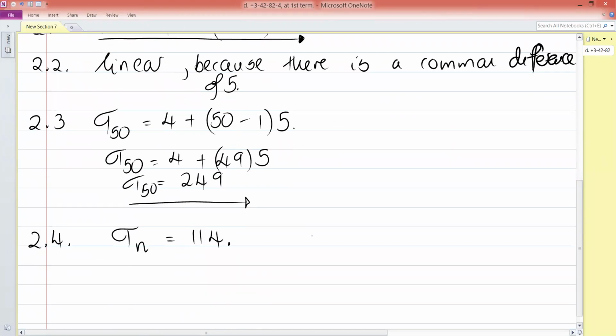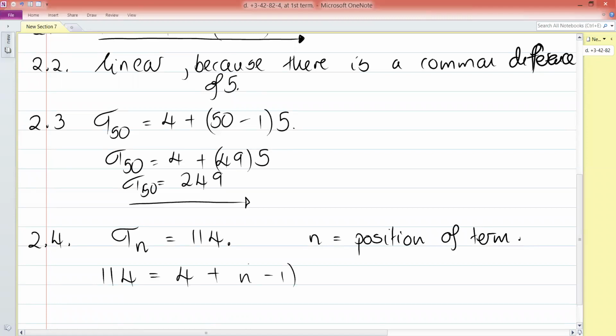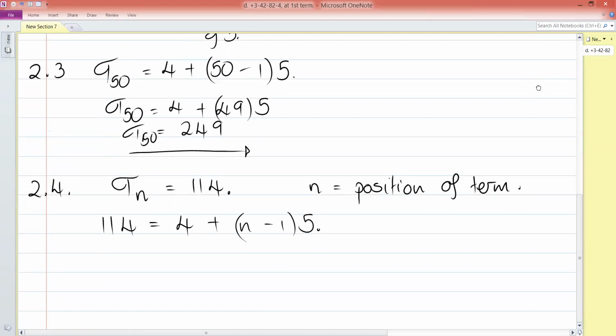They're asking us to work out n, which is the position of the term. So for this one, you're going to say 114 is equal to 4 plus n minus 1 multiplied by 5. We need to make n the subject of our formula.